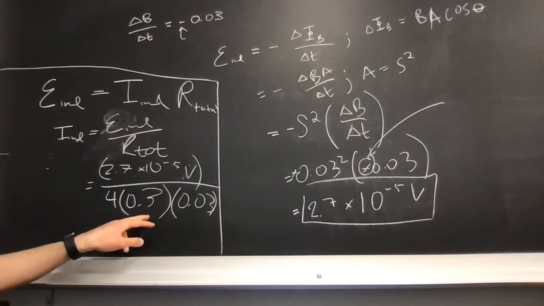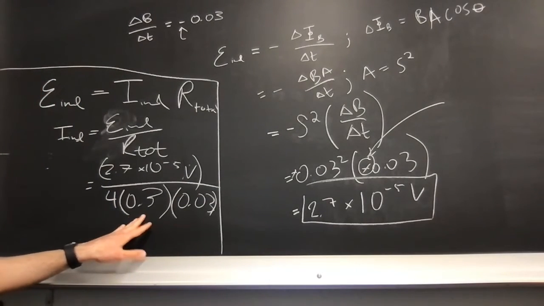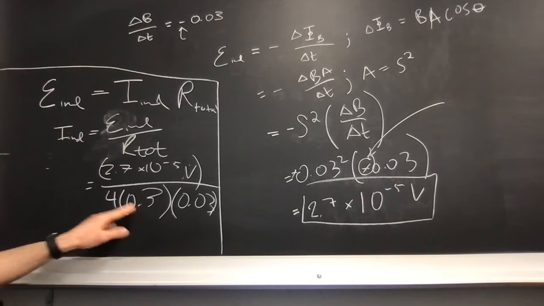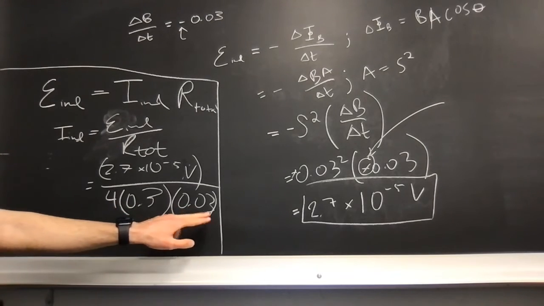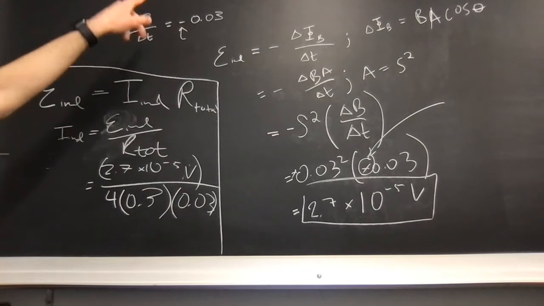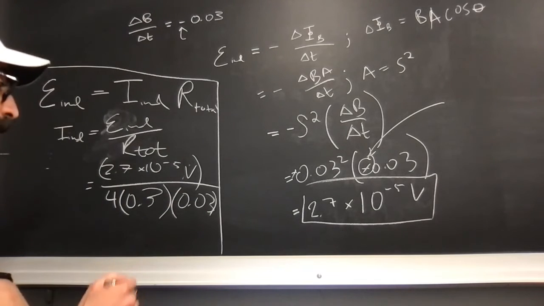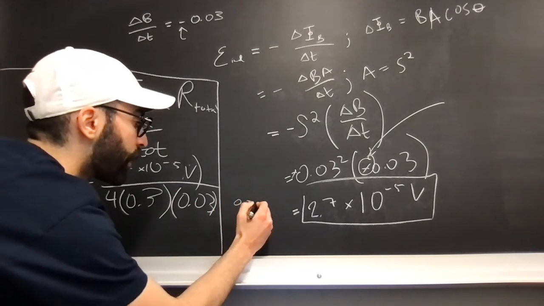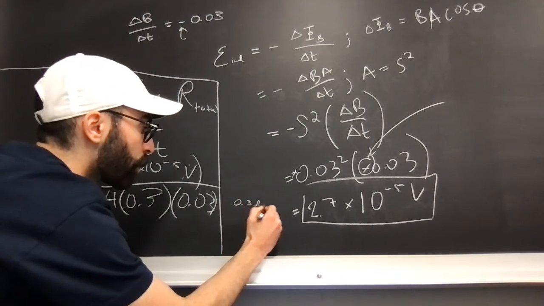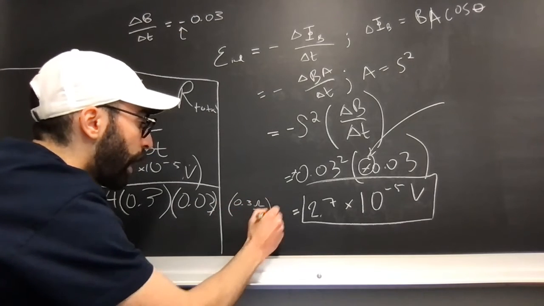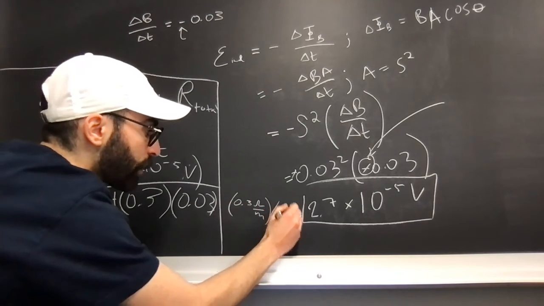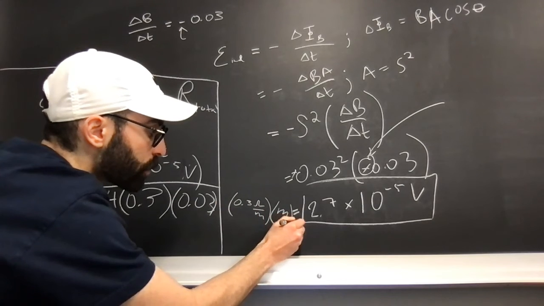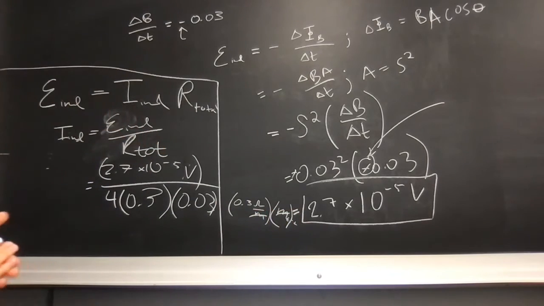Yes, we're given the resistance per unit length, 0.3. By multiplying it by the total length, 4 times 0.03, the total length of the sides, those meters cancel out, so we're just left with the resistance.